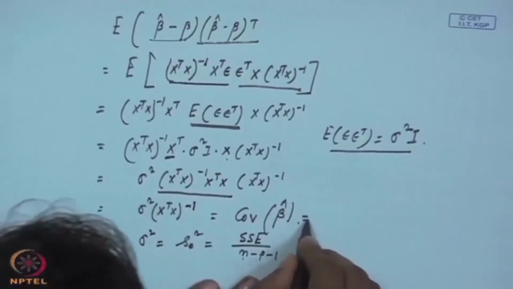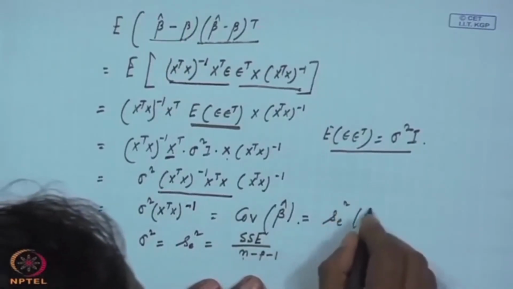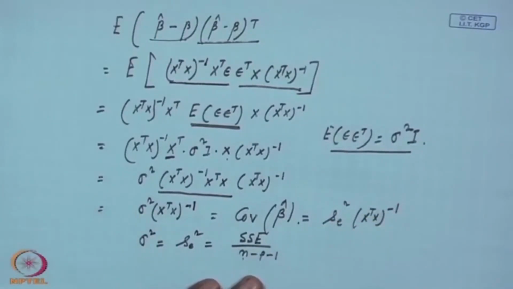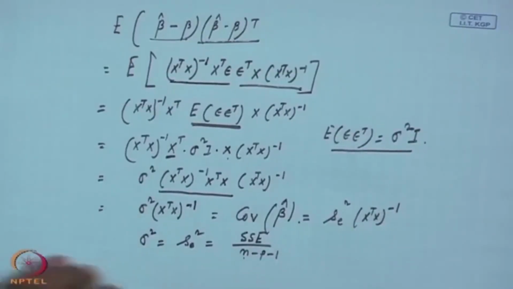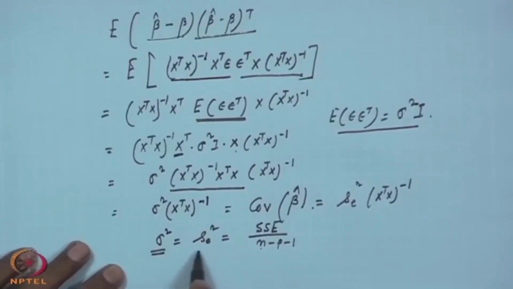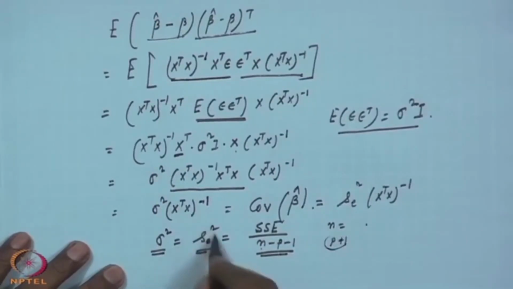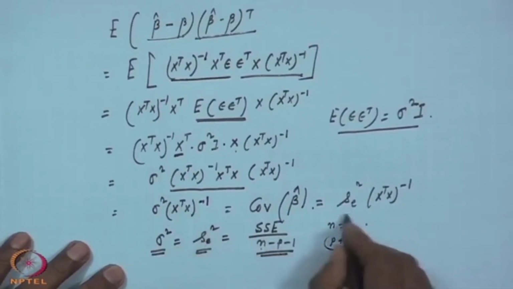So, we can write that the covariance of beta cap is S_E square (X transpose X) inverse. You will not get the sigma square value, as these are population values. From the sample errors you can calculate S_E square. This S_E square is nothing but SSE divided by n minus p minus 1. This n minus p minus 1 comes because n is the sample size and the number of parameters to be estimated is p plus 1, so these degrees of freedom are lost when you are calculating the errors. So, this is the case.